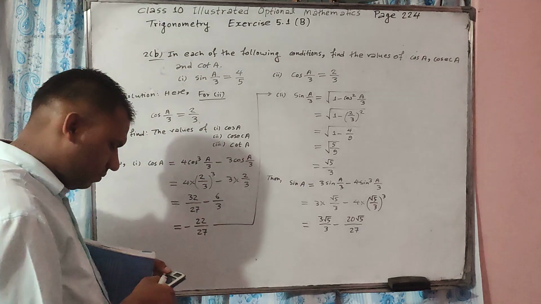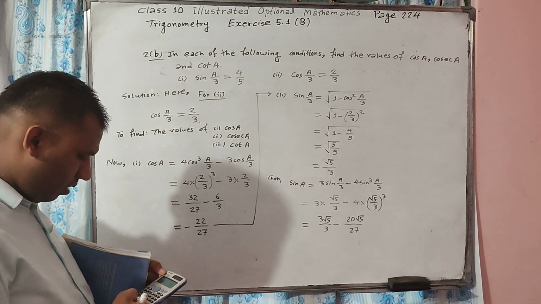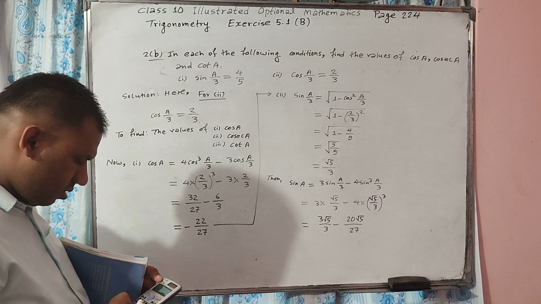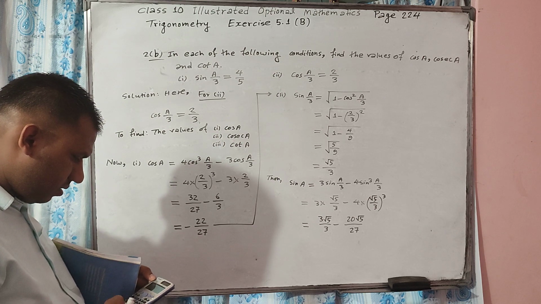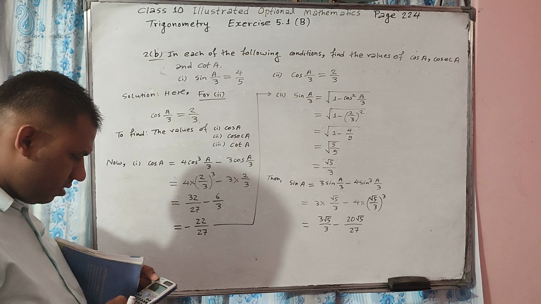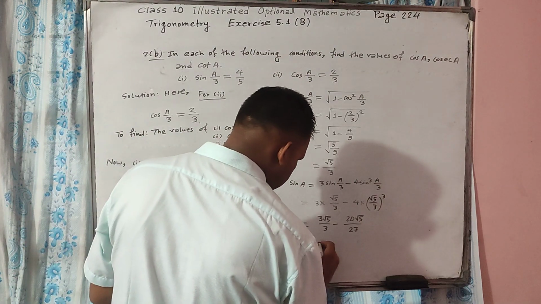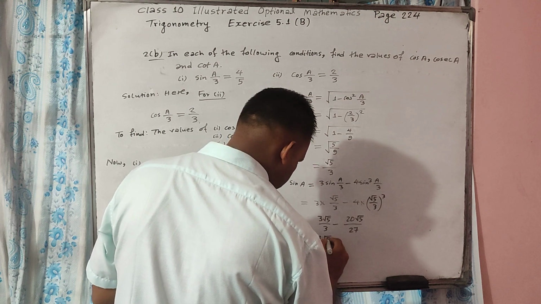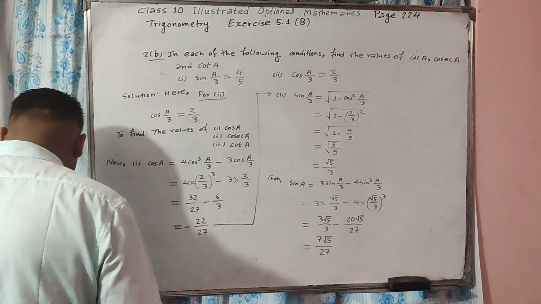Now it becomes 3 root 5 divided by 3 minus 20 root 5 divided by 27, that is 7 root 5 by 27.